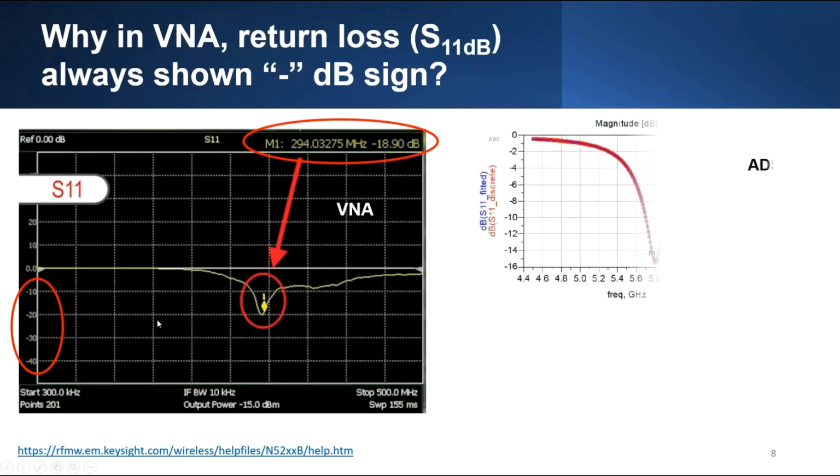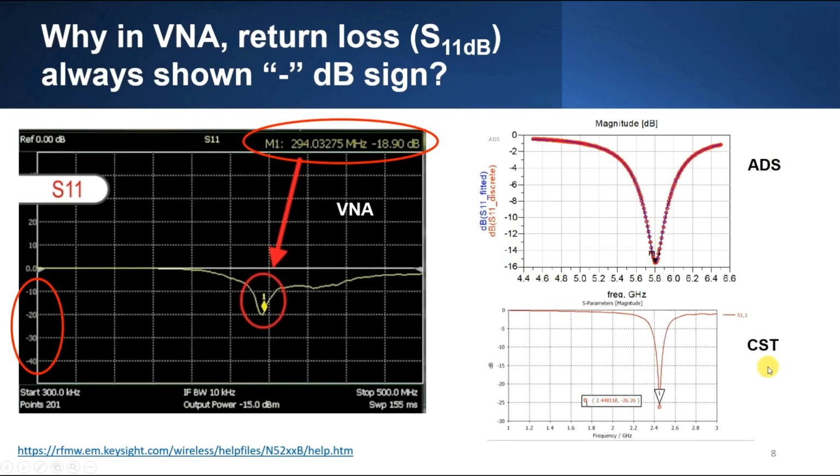You can see from the ADS simulation, our S11 is also negative, and in CST we also get a negative sign.